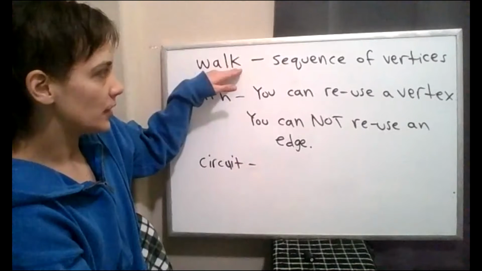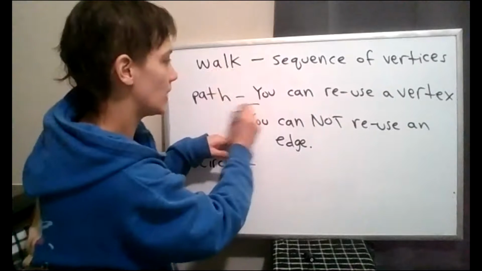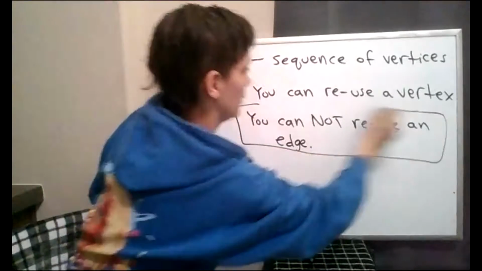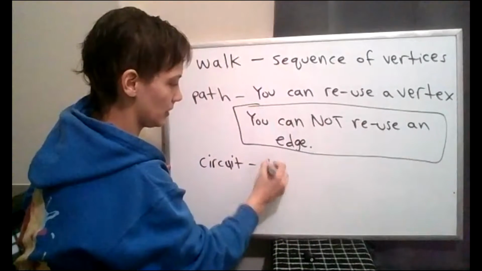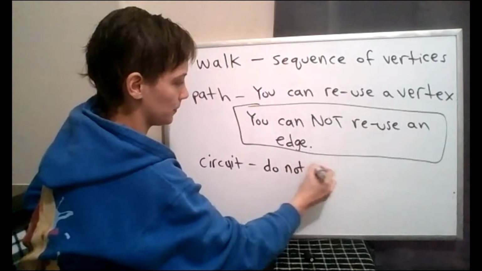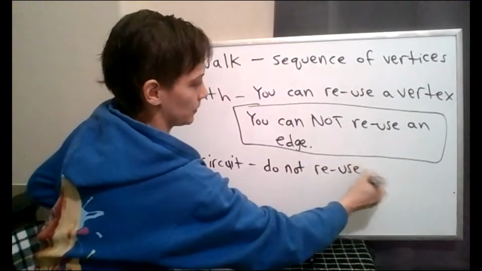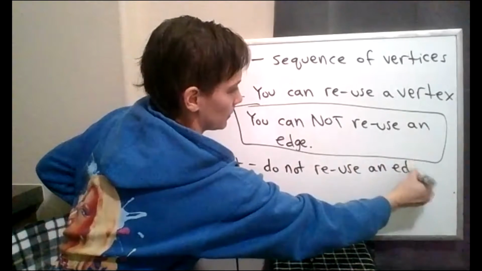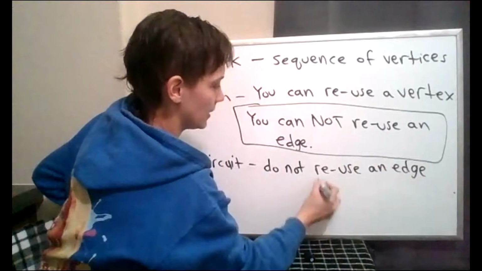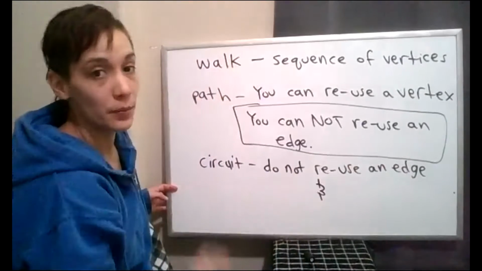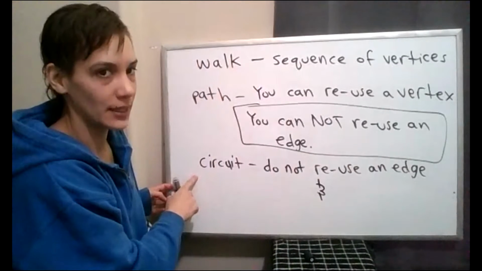So it's a sequence of vertices. You cannot reuse an edge. And with a circuit, you start where you end.